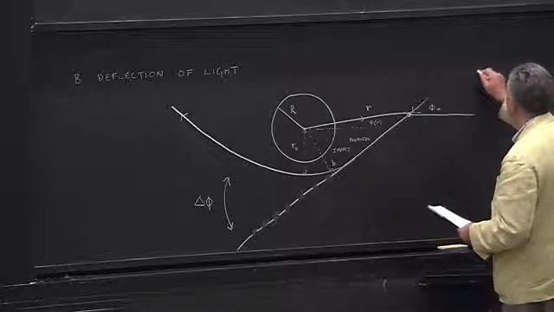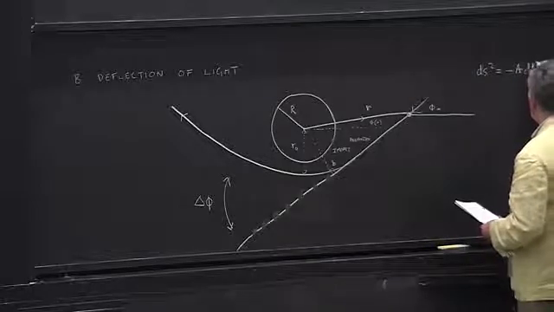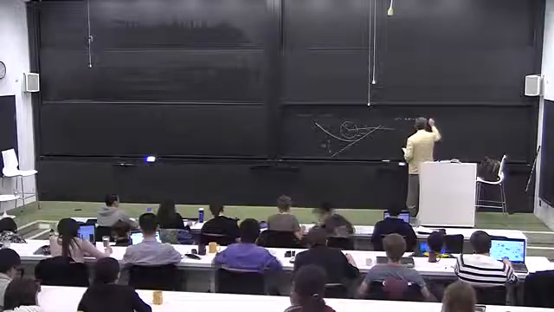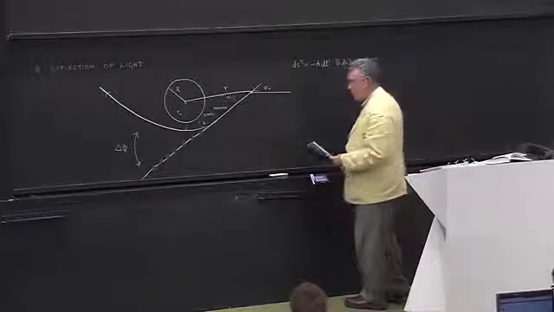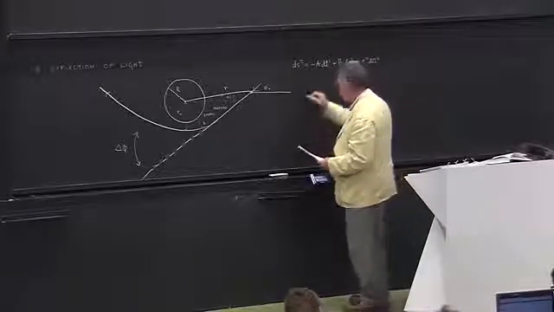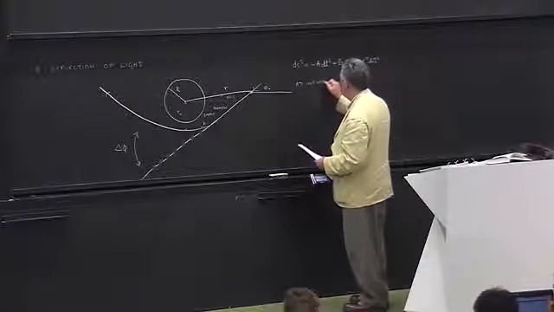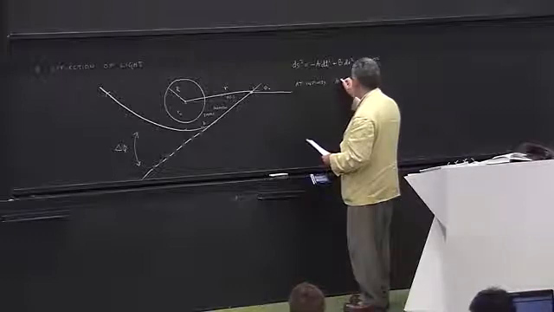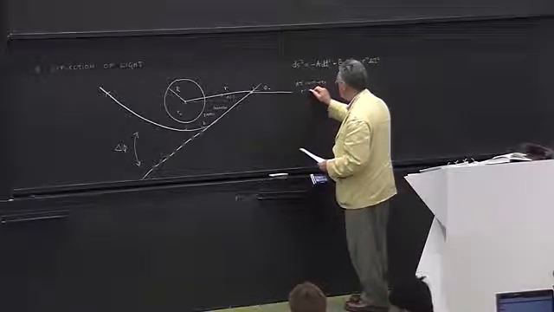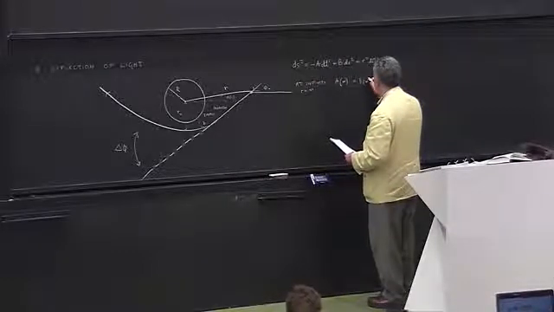So we've got our line element: ds squared equals minus A dt squared plus B dr squared plus r squared d omega squared. And at infinity, so at r equals infinity, A of infinity equals B of infinity equals 1.